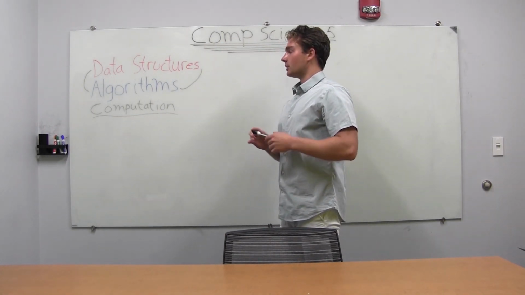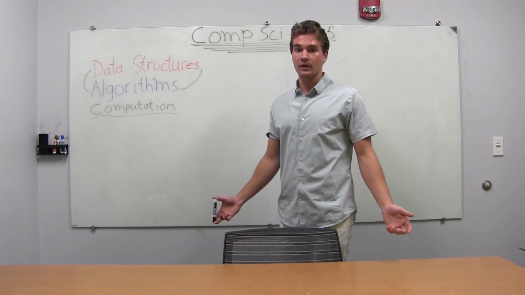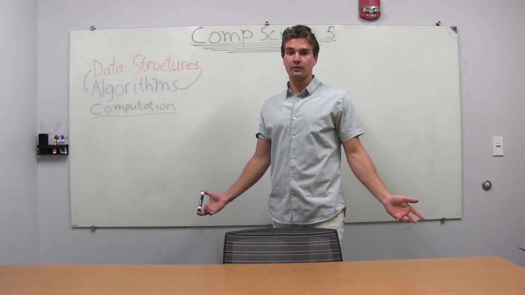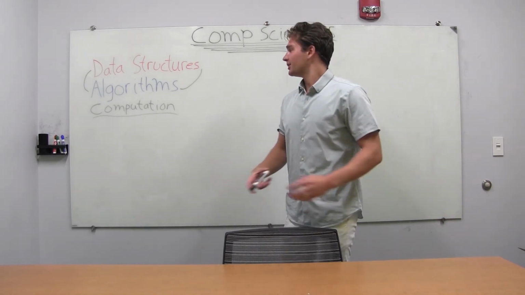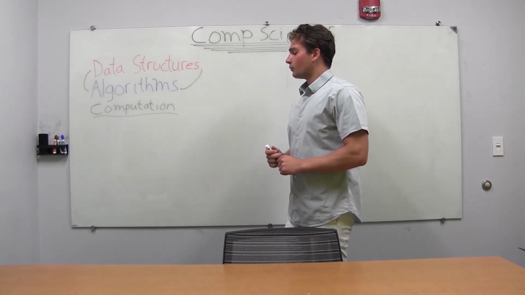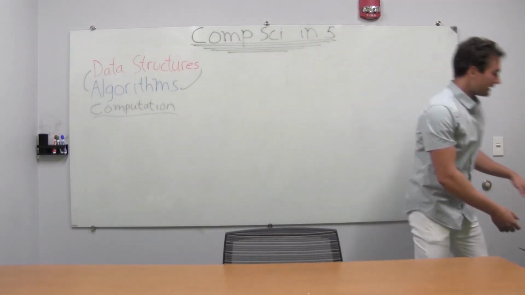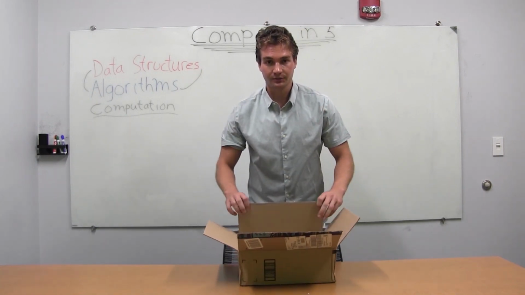And to dive into it, we're going to focus on data structures first, because if you can't represent something in the machine in the first place, why would you ever learn an algorithm to do anything to it? So let's go into what a data structure looks like physically. A data structure can be thought of as this here box.